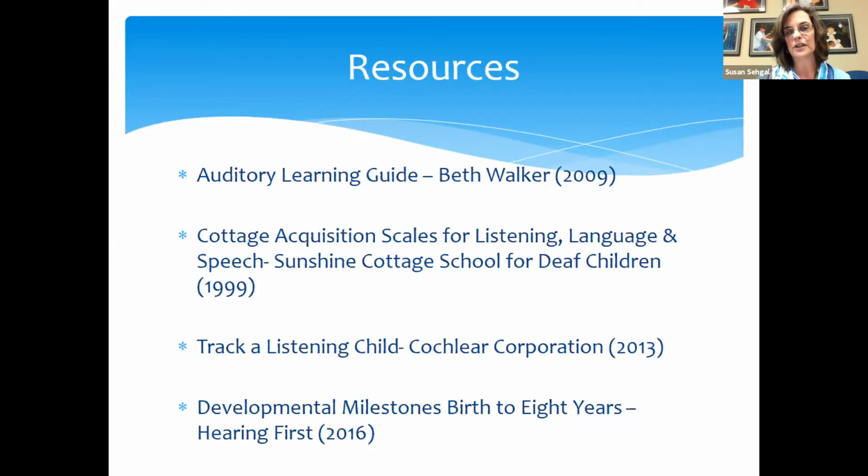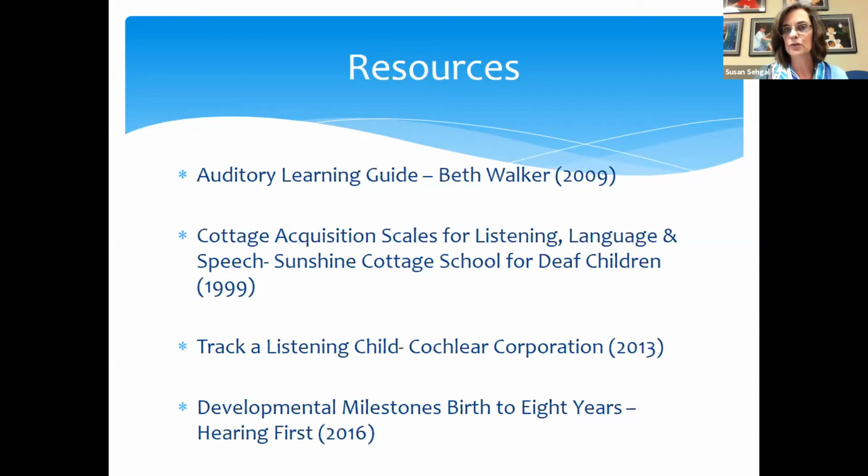I also use the Cottage Acquisition Scales for Listening, Language, and Speech from the Sunshine Cottage School for Deaf Children, Track a Listening Child from Cochlear Corporation, and developmental milestones, birth to 8 years, from Hearing First.